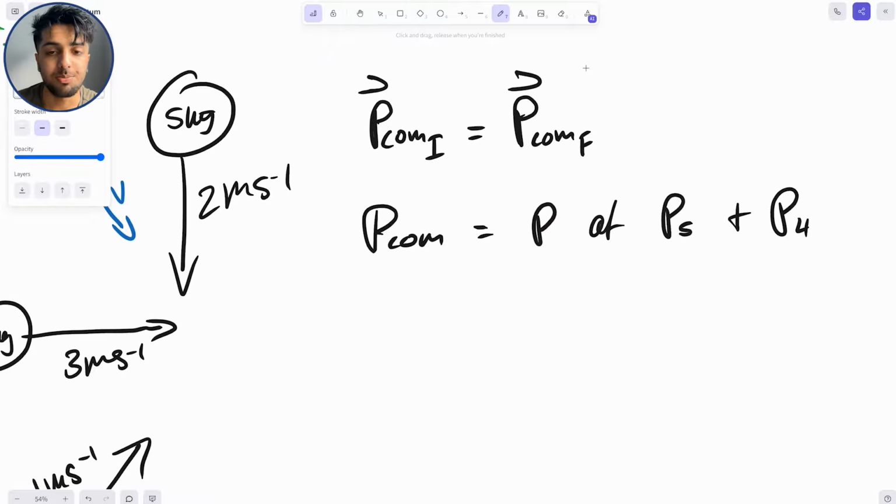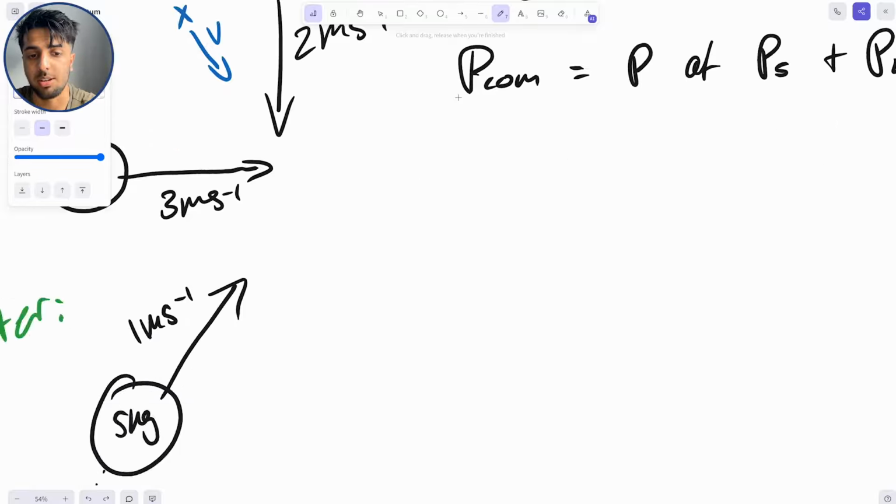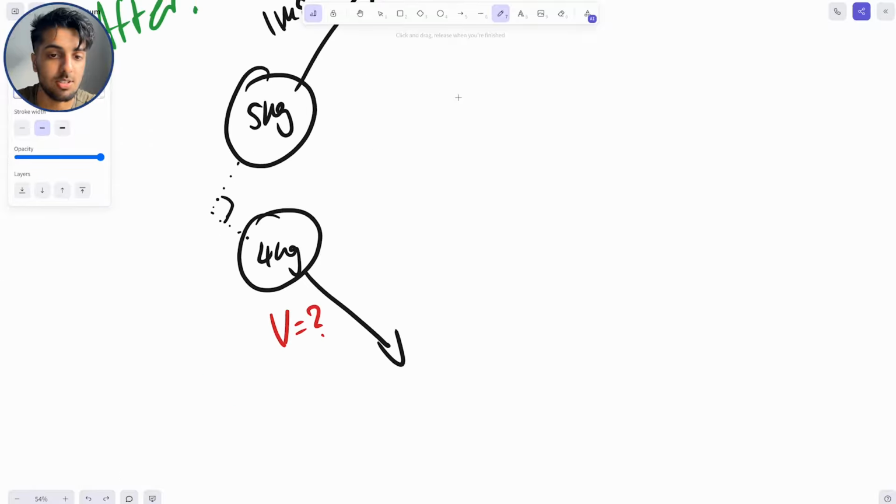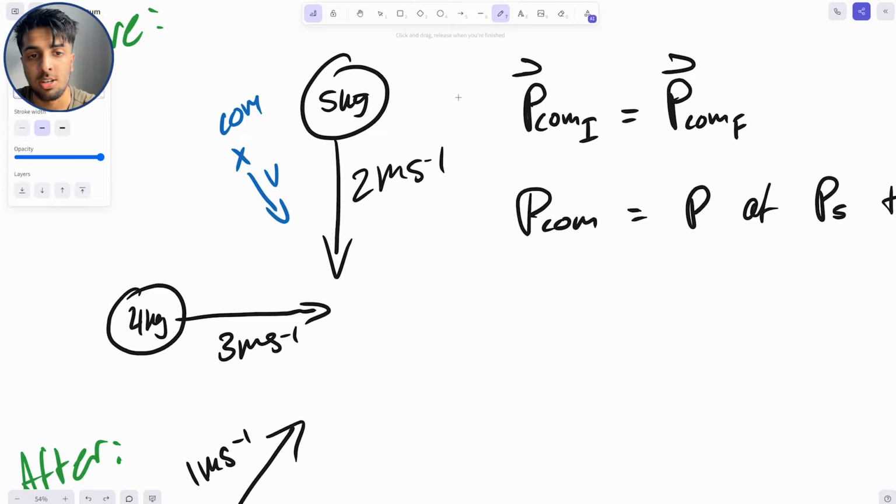So if we know that the momentum of the center of mass is the same before and after the collision, we can use that to find out what that velocity is for the 4 kg mass. So we can calculate the momentum of the center of mass initially by using our vector triangles.